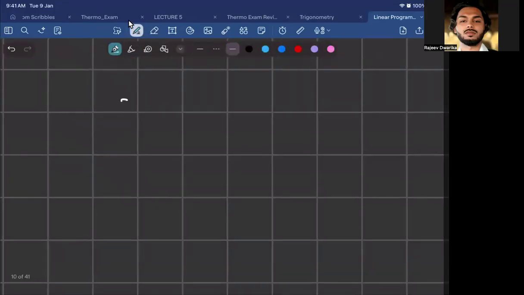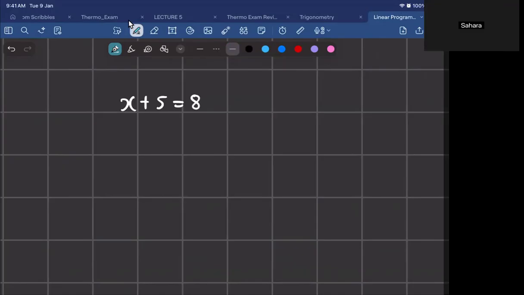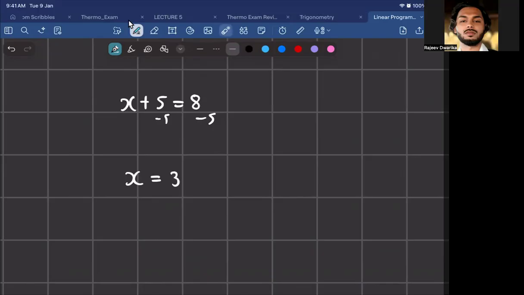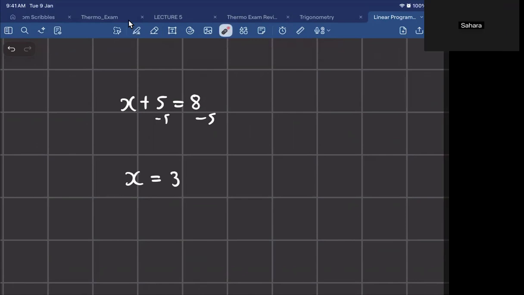Sahara, suppose we had an equation. Let me just say we had x plus 5 is equal to 8. How would I solve that? You subtract 5 from both sides, and you get x is equal to 3. And 3 could be the only answer there. Because, Sahara, watch this. When you're solving an equation, you're trying to find the value of x that would satisfy the equation.